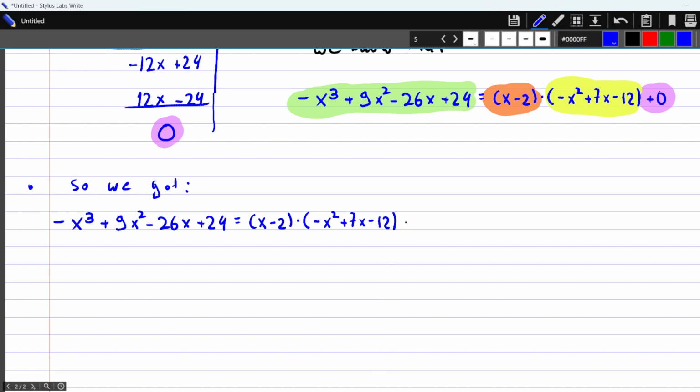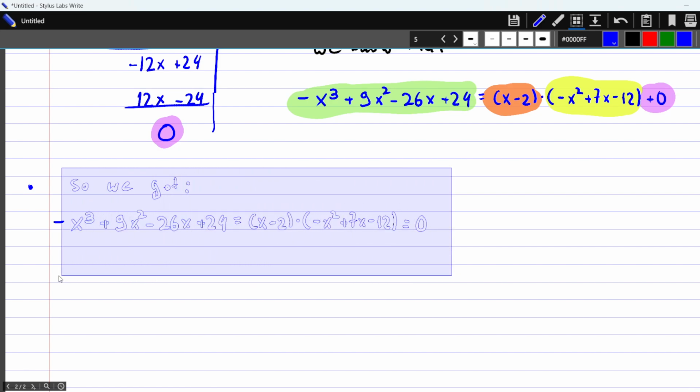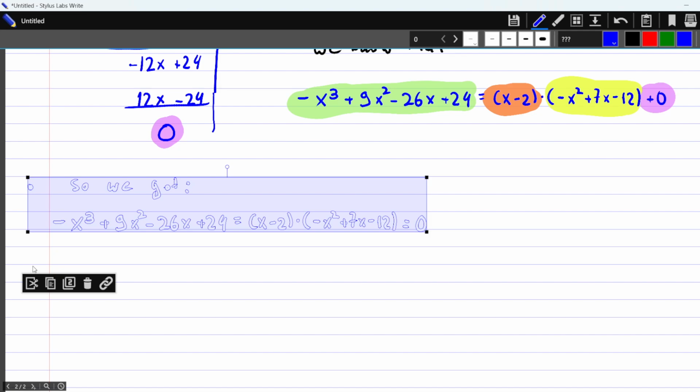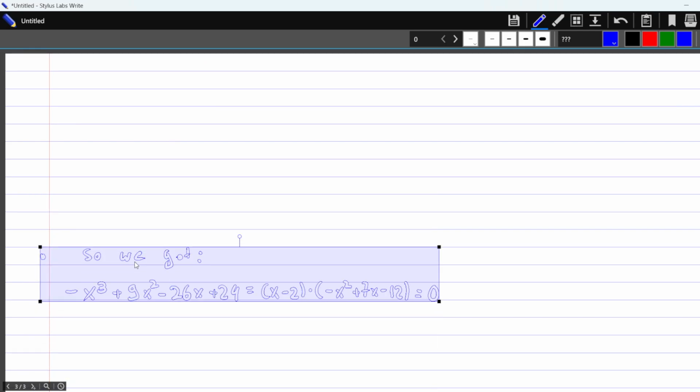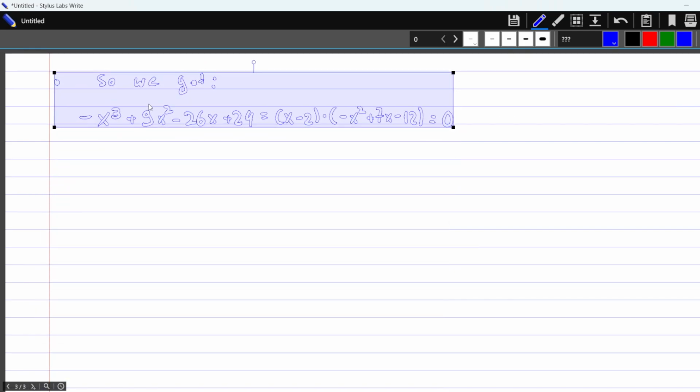And this one we need to be 0. Actually, let me do something different. Let me pick this and swap pages and put it down here.